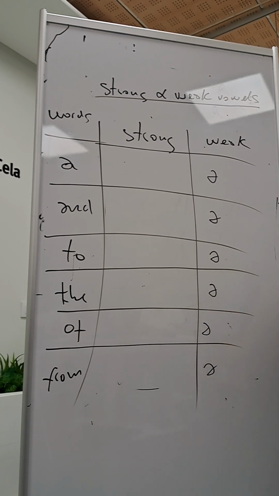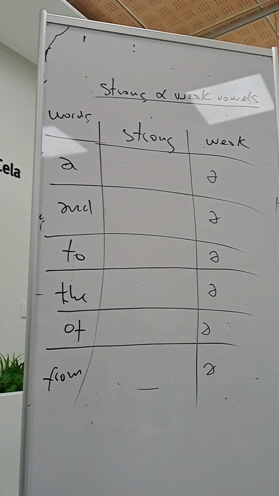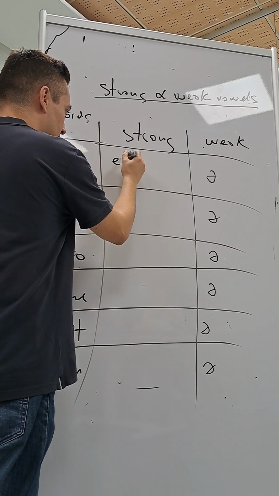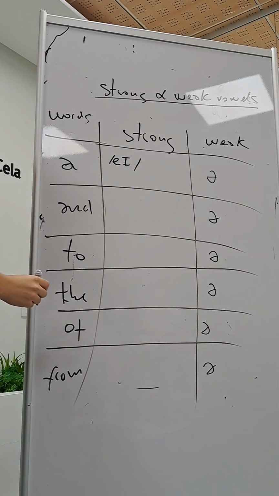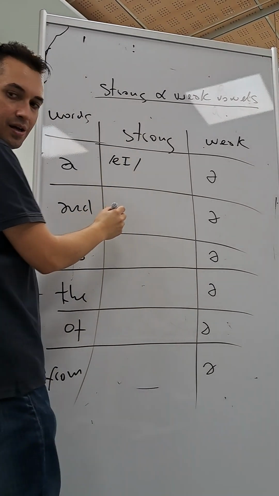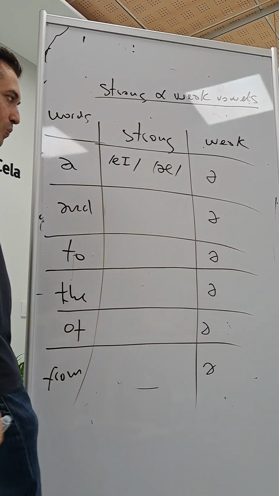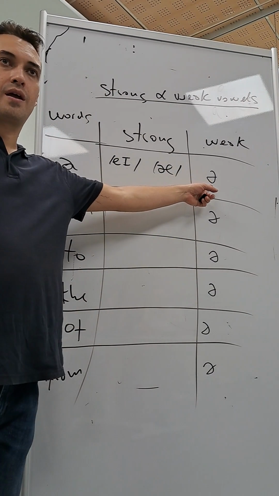It's always schwa, most of the time, unless in some specific context you want to emphasize it. If you want to emphasize this, you could say a: I saw a car. You can emphasize it if you want to, but normally it would be a schwa.